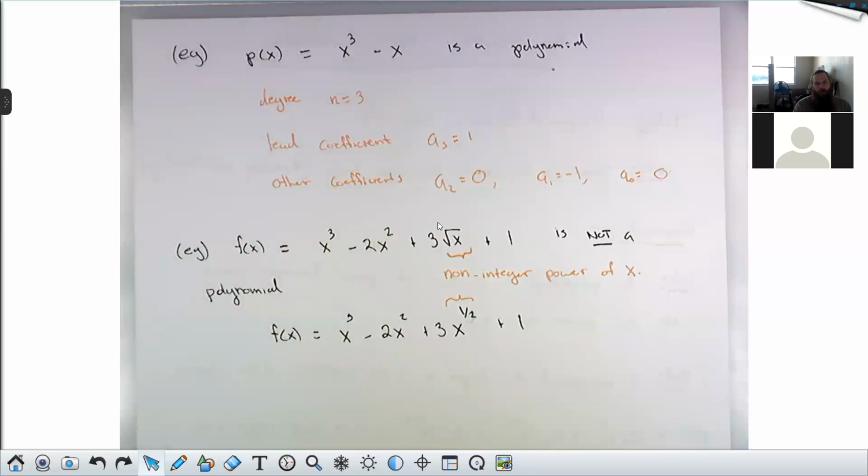So if any of the powers of x are non-integer, automatically that thing is not a polynomial. And here the square root of x is the same as x to the 1/2, which is not an integer. Any questions about why this isn't a polynomial, how this breaks the definition or fails to satisfy the definition?